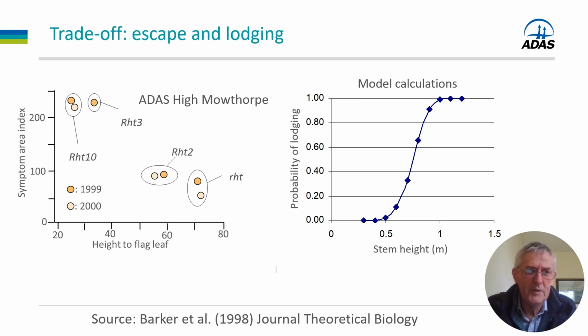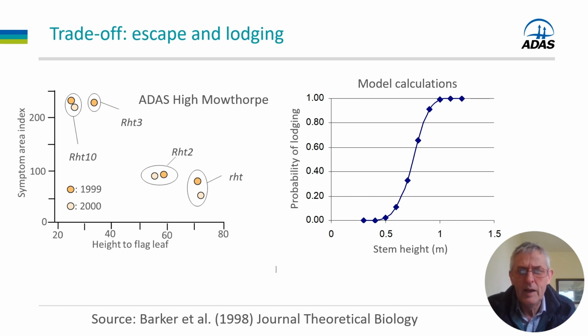So on the left was the data we've seen, where we could look at the effect of height on disease severity in different environments. And on the right is the outcome of a set of model calculations based on field experimental data, where it was possible to quantify the effect of stem height on the probability of lodging.